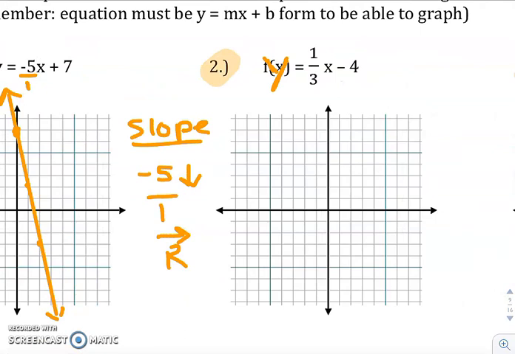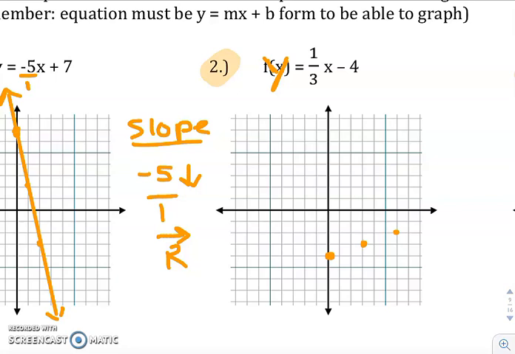F of x equals 1/3 x minus 4. So your y-intercept is negative 4. So we're always putting that point on the y-axis. And we're going to go up 1 over 3. And then up 1 over 3 again. And if you want some more points, you can always go the opposite way once you've got some points set up.